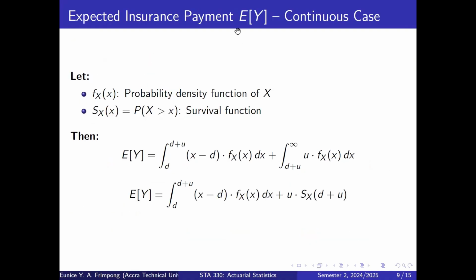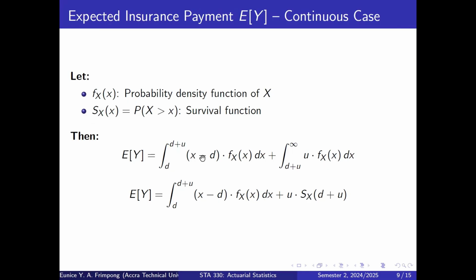In the case where we are dealing with the loss being modeled as a continuous variable, then we say that the expected value of Y is equal to the integral of (X minus D) times the probability density function of X, where X falls between D and D plus U, plus... so this plus in probability means or.